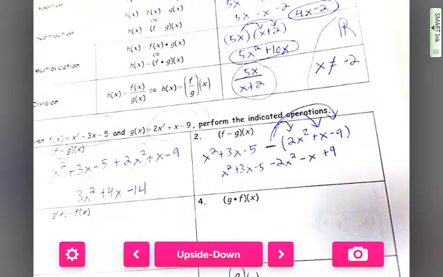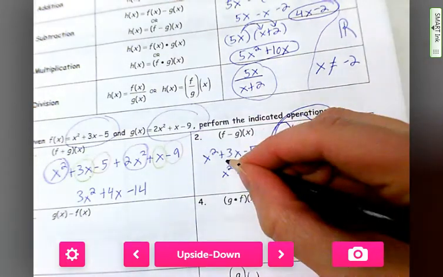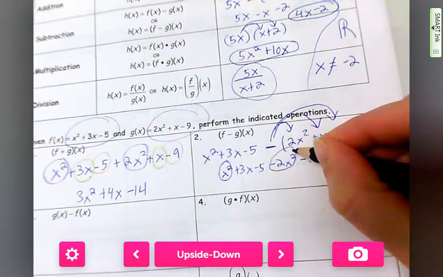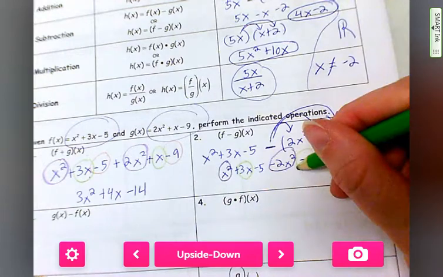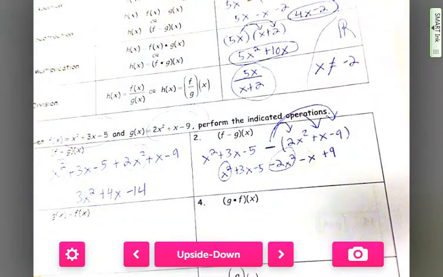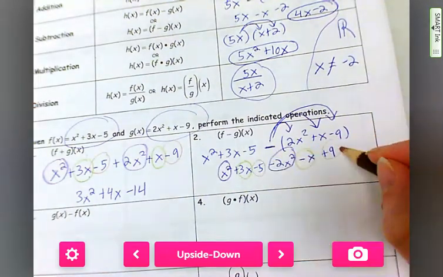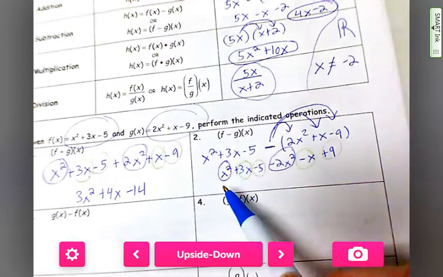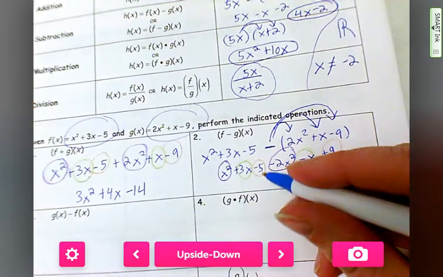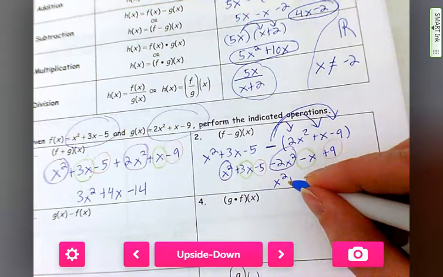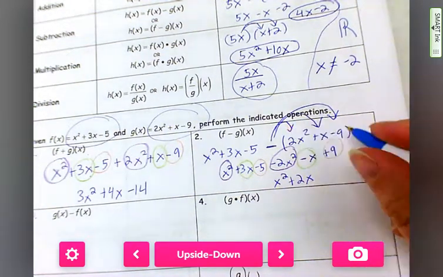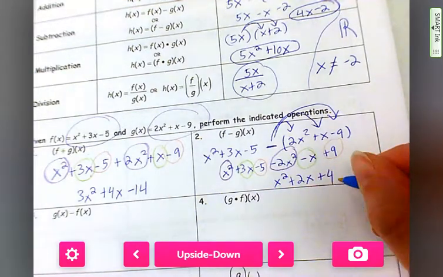Now again, we want to combine like terms, so my squareds are going to go together. My just x's are going to go together. And finally, my numbers that are by themselves will go together. So x squared minus 2x squared is just negative x squared. 3x minus x is 2x. And negative 5 plus 9 is plus 4.